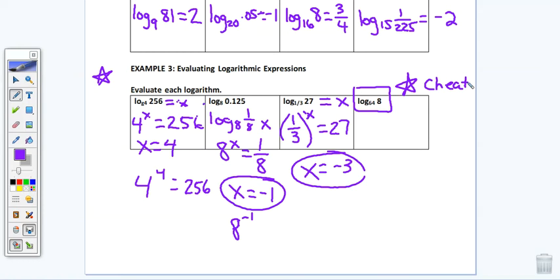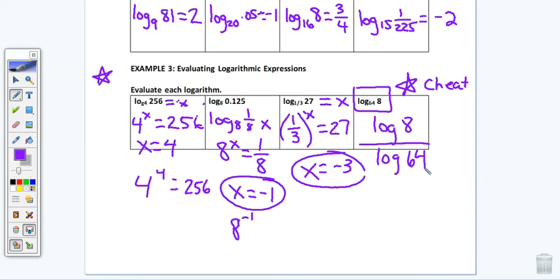In your calculator, type in log of 8 divided by log of 64. What do you guys get? 1/2, right?